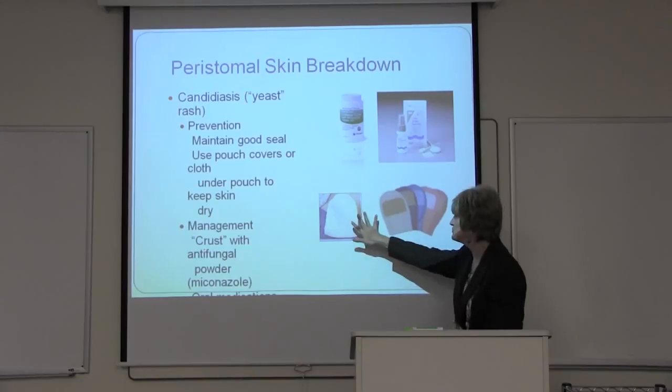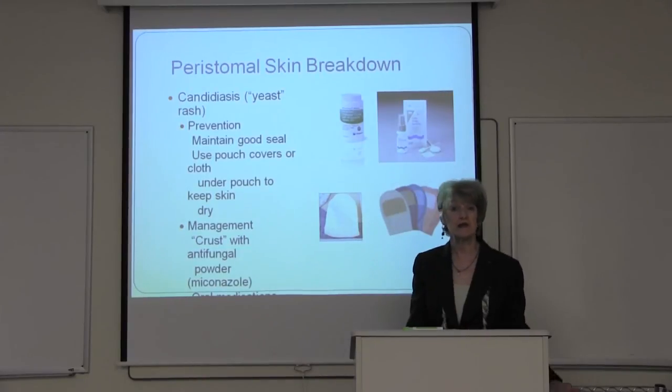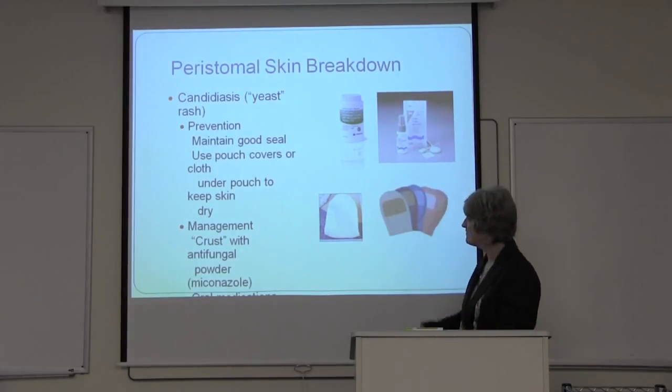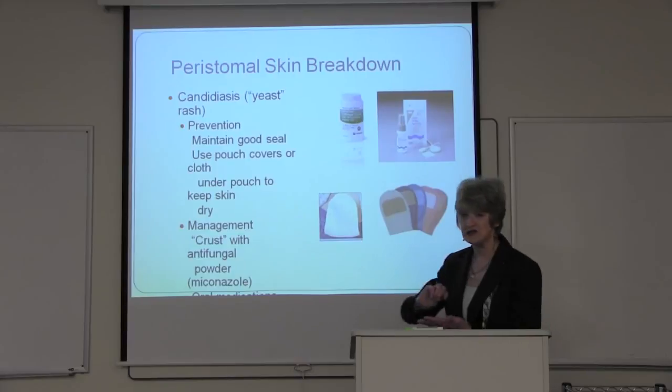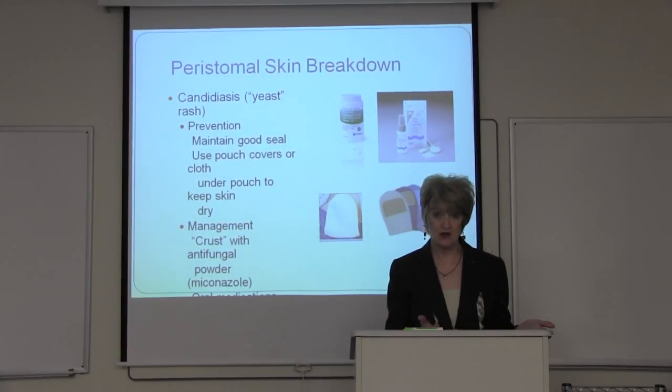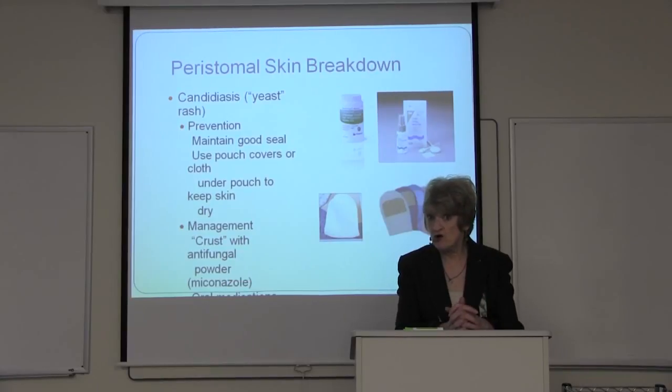So your pouch cover is very, very helpful in keeping plastic off the skin, keeping the skin dry, keeping the patient much more comfortable. But once they have the yeast rash, it comes down to crusting with the antifungal powder, nystatin or miconazole. Much better approach than trying to use a cream or an ointment, which of course is going to compromise your pouch seal.